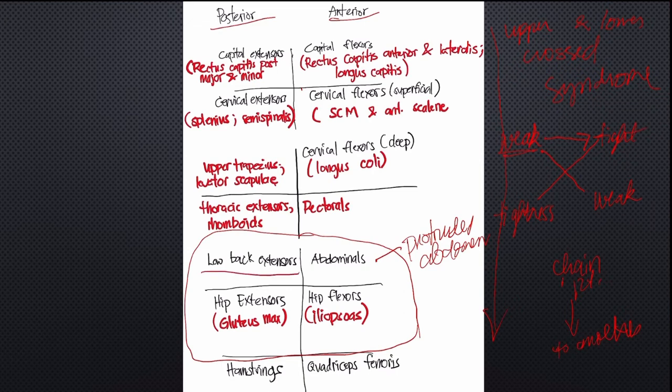So there is increased lordosis here. As mentioned before, increased lordosis implies tightness, because the muscles are contracting and tight. That's why it manifests as an increased lordosis.